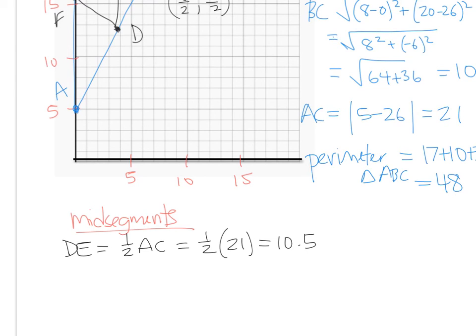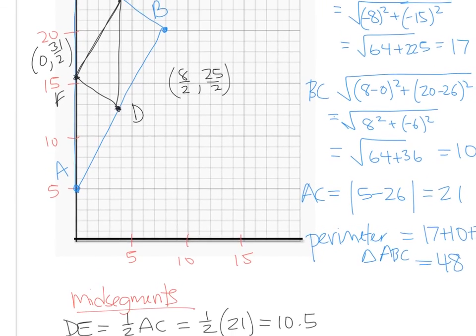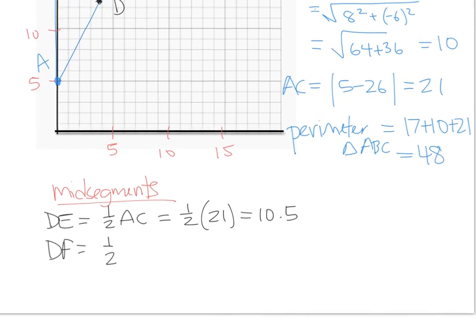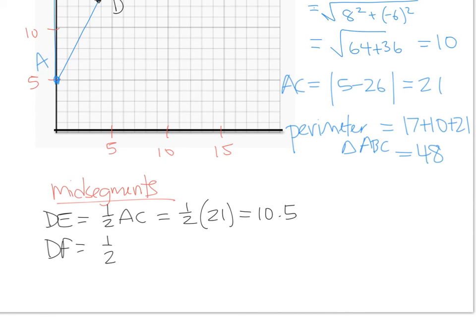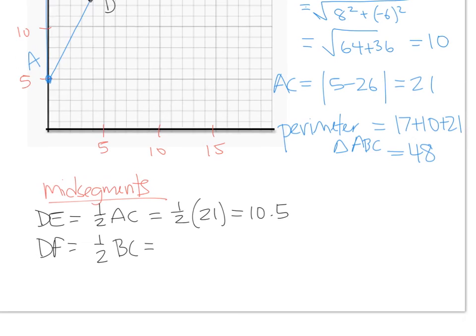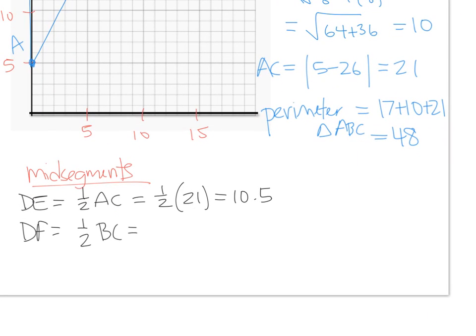I want to find the length of DF. It's going to be 1/2 the length of BC, which is 10.